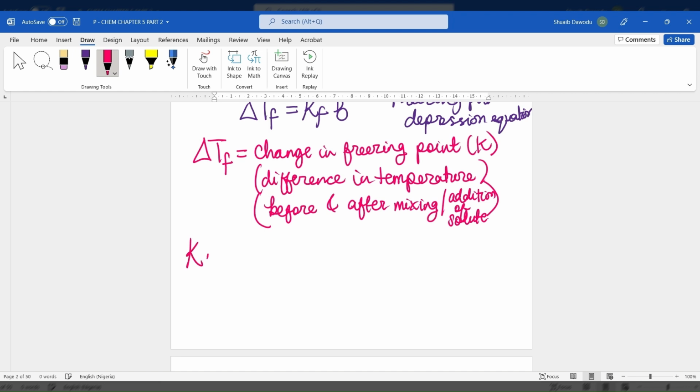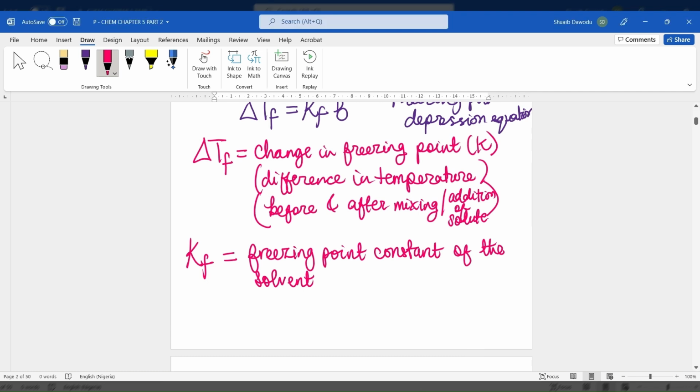Next, we have K_F, which is simply the freezing point constant of the solvent. So in this case, every single liquid or solvent is going to have its own unique freezing point constant. It's very important that you guys note this.